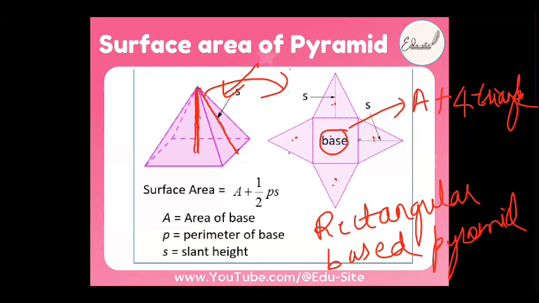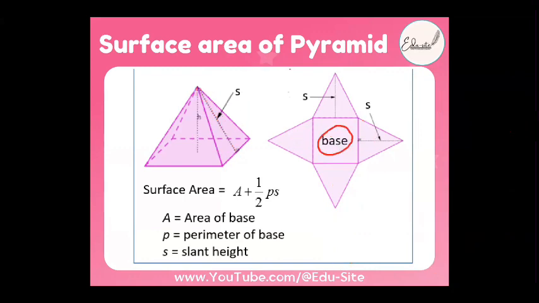What we'll do is frame a triangle and then calculate this part, okay? We actually need the slant height. Understood? Okay. So we need the area of one base, and the slant height, and these four triangles.